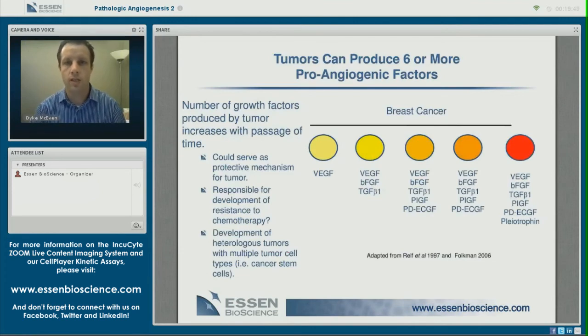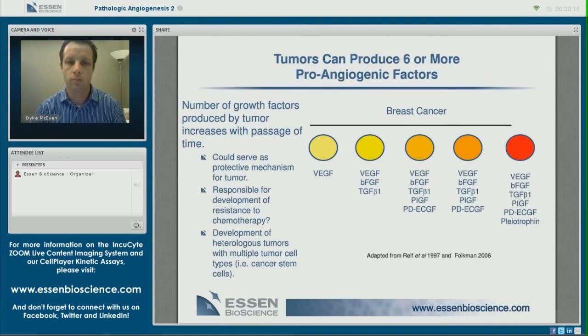Now, in designing an in vitro angiogenesis assay, it's important to consider the microenvironment in vivo, where we see, in the case of breast cancer, that multiple growth factors are involved in promoting angiogenesis. And why is this? What is the reason for having multiple growth factors? Well, it could serve as a protective mechanism for the tumor to protect it from chemotherapeutics.